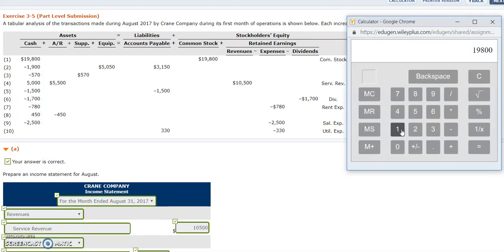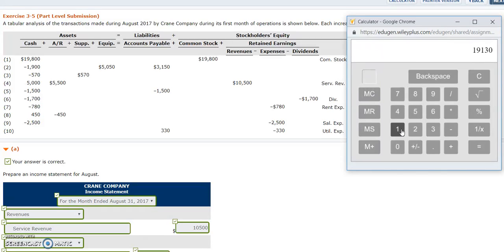Then we're going to minus 1,900. And then also subtract 570. Then we're going to add 5,000. Then we're going to subtract 1,500. We're going to subtract 1,700.